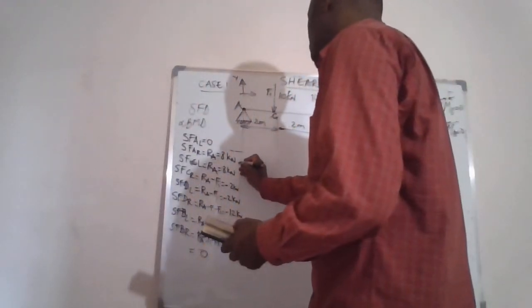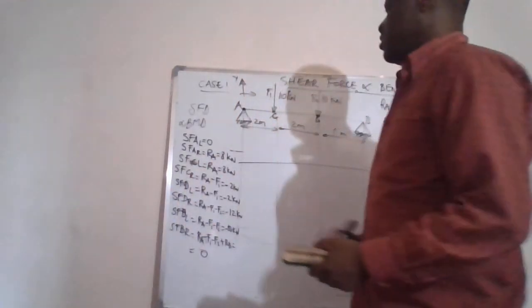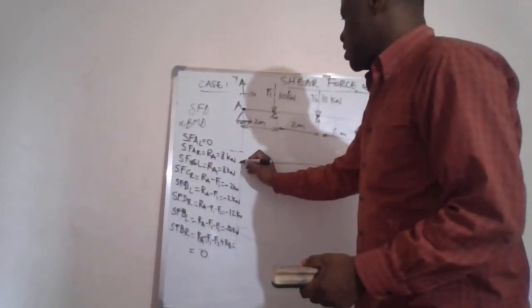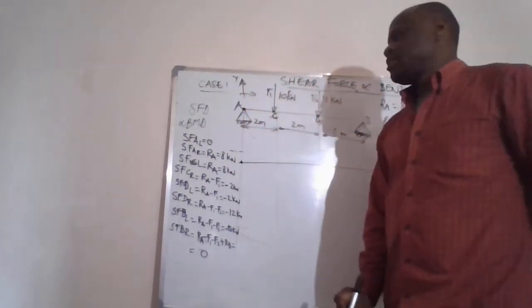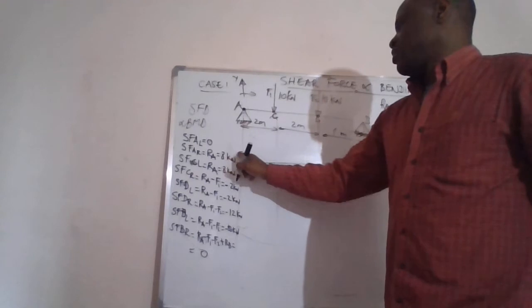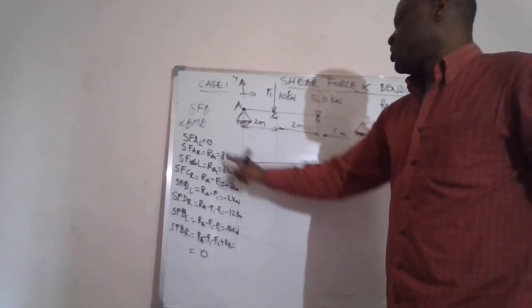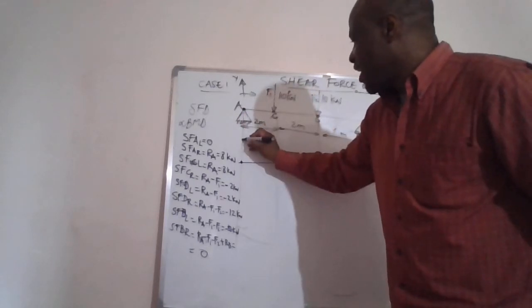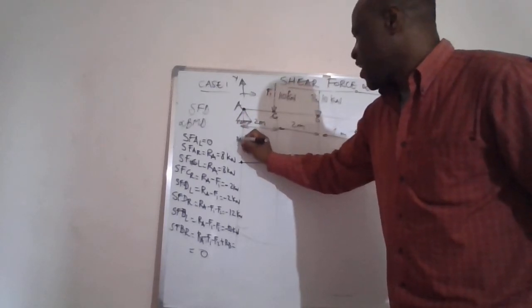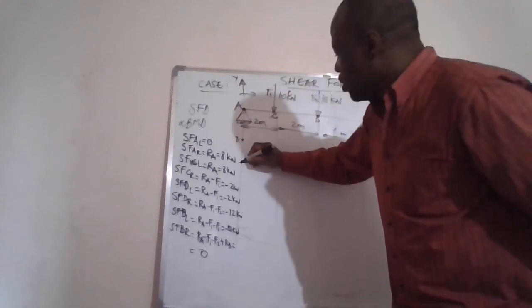We have our 0 line here, and this is A left. A left is the starting point, 0. A right, we're still on A. We have 8 here. We take 8 and then join this.